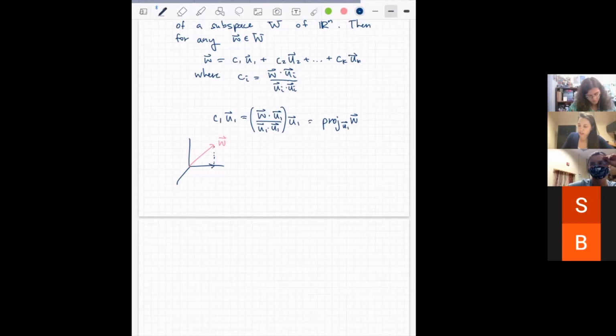Then you project it onto the other axis and that tells you the coordinate in the other direction, and then finally the last one. I'll have trouble drawing that, so I'll stop here, but that's how you get those coordinates, or the scalars in your linear combination.